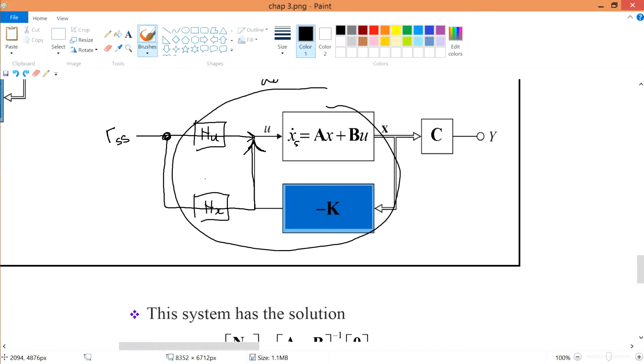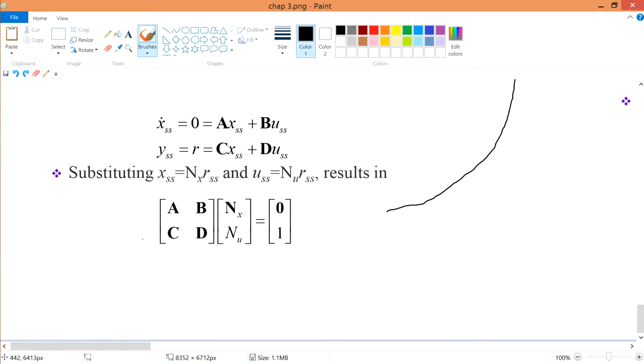Therefore, in order to formulate the correct NX and NU values, we're going to write in terms of a matrix, where your A, B, C, and D are all placed over here. For example, because your NXRSS, or A times NXRS plus B times NURS, these all have RSS, so therefore they can just cancel each other.